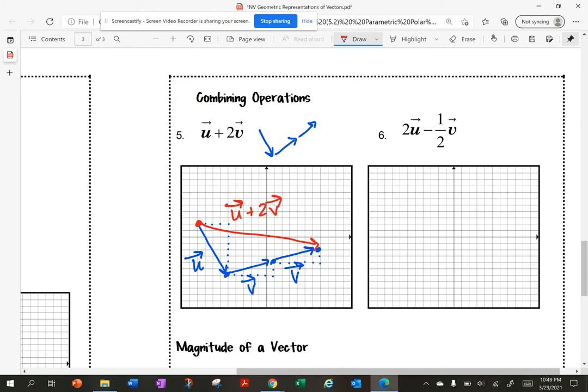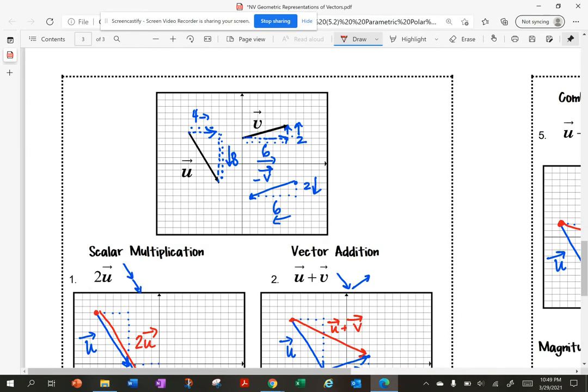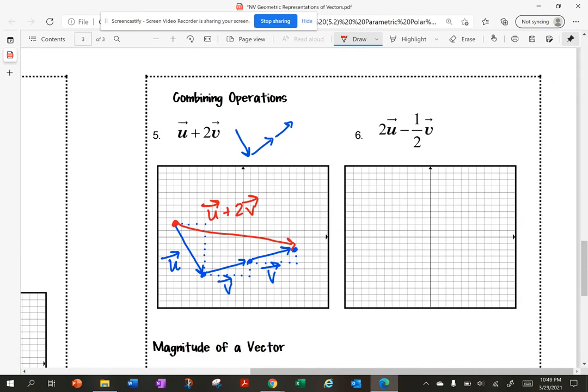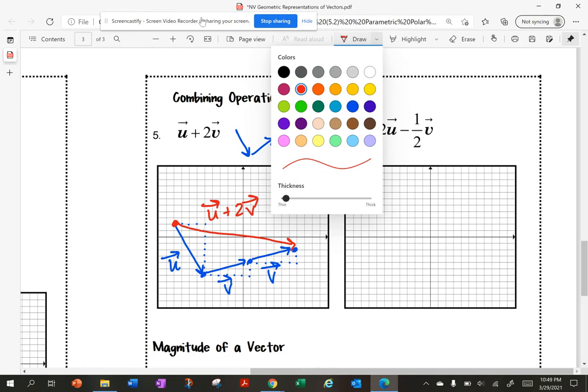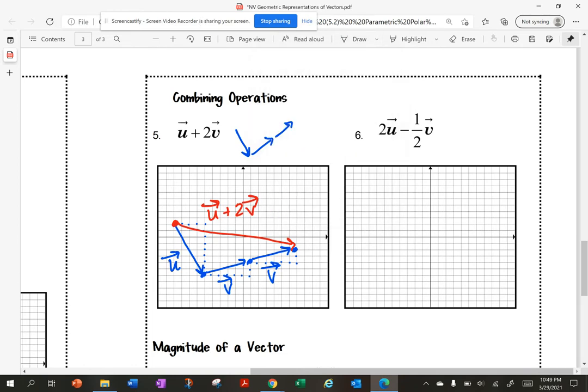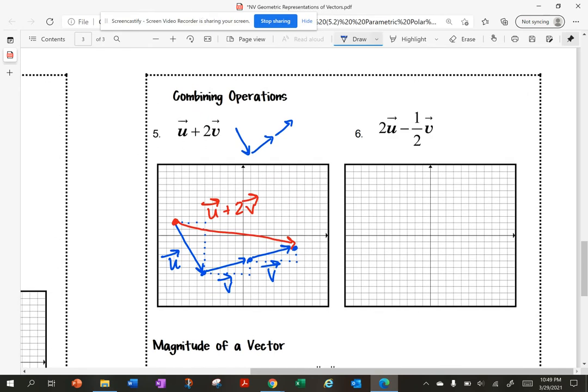Okay, number 6. So 2 times u minus a half times v. So 2 times u is going to go down and to the right, and a half times negative v, so to the left. Okay, so u is 4 to the right and 8 down.